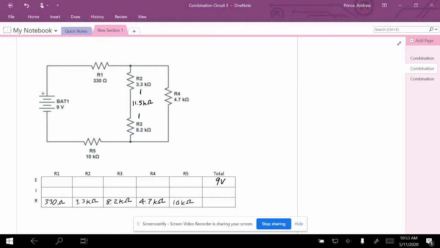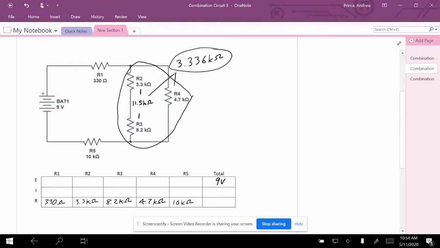We'll find that 11.5 kilo ohms and 4.7 kilo ohms comes to a total of 3.336 kilo ohms.